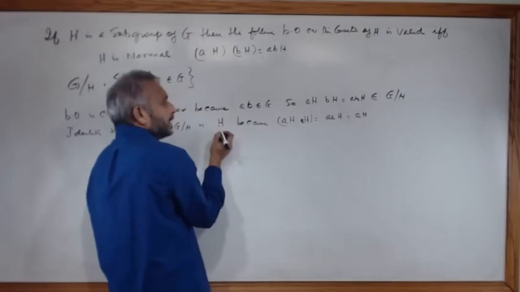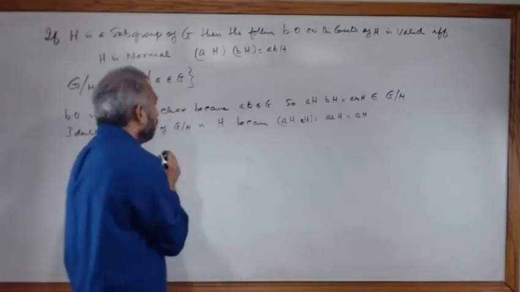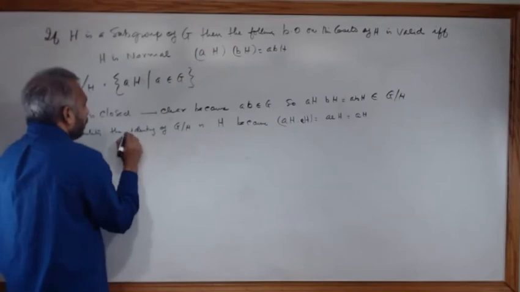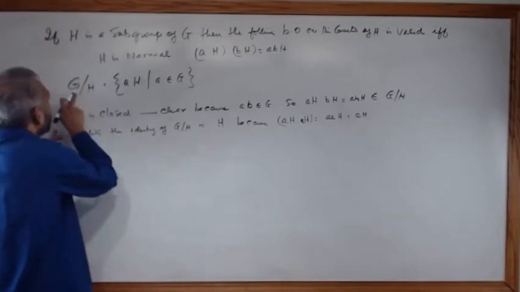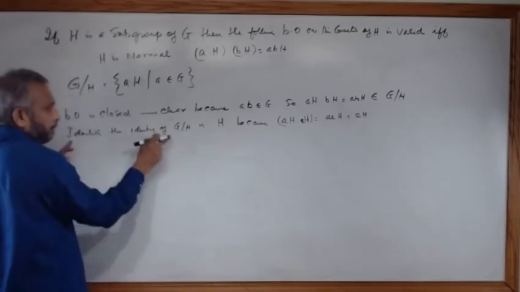EH and H are the same. So the identity of the factor group is H.